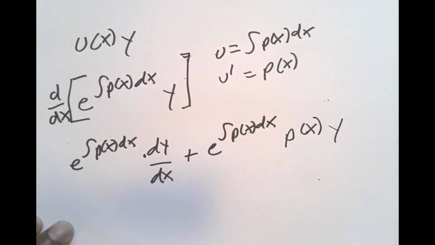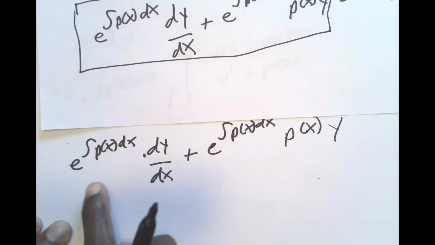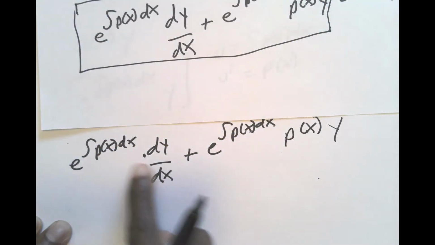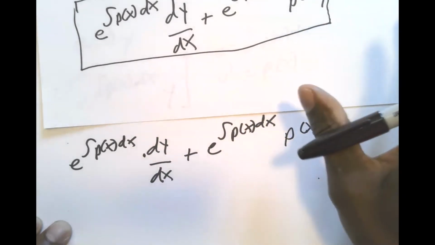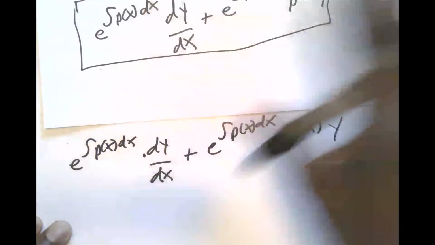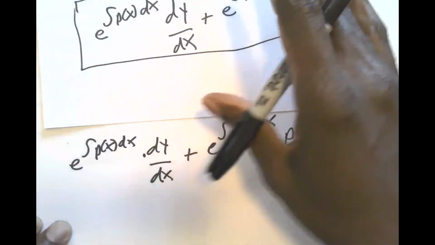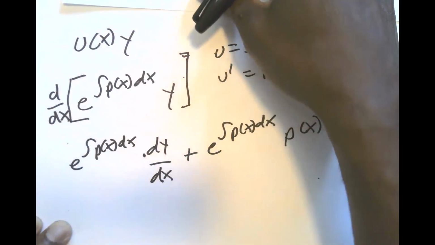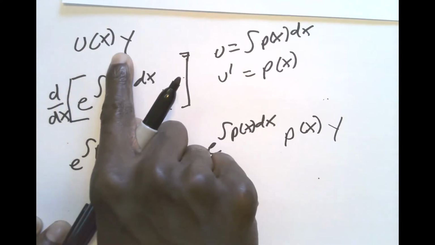Now, if you notice, let me bring this other paper back. What we have here is the same thing we have here, which means that this expression here is simply u of x times y prime.